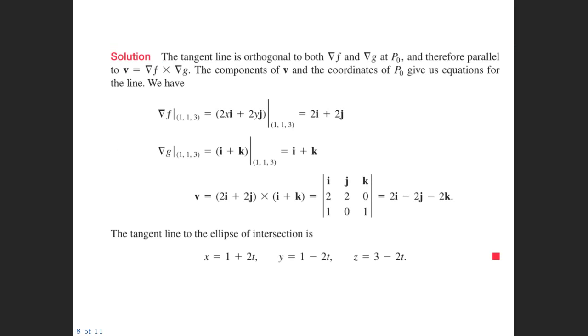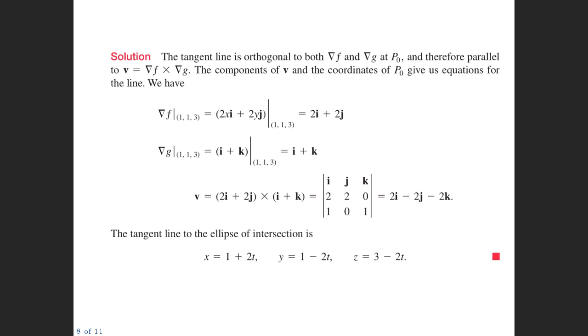Because the tangent line is orthogonal to nabla f at p0 and it's orthogonal to nabla g at p0. If we want to be orthogonal to two vectors, what do we do? We take their cross product. So this line is going to be parallel to nabla f cross nabla g. So we're going to calculate nabla f, we're going to calculate nabla g, and then we're going to take their cross product.